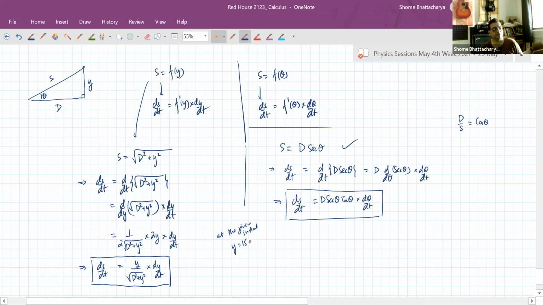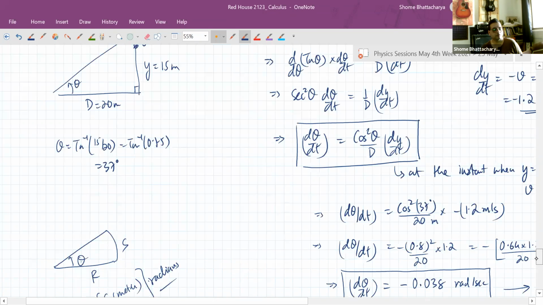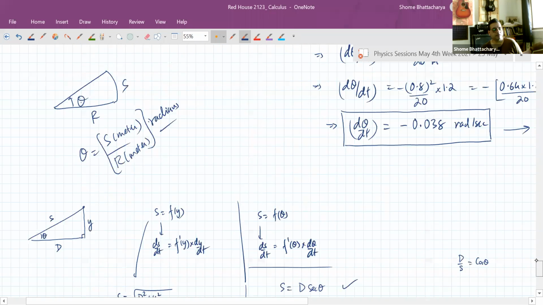Y is equal to 15 meters, theta is equal to 37 degrees, and dy by dt was minus 1.2 meters per second, or d theta by dt, we had seen above, was minus 0.038 radians per second.